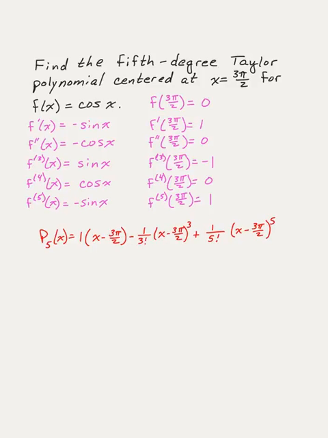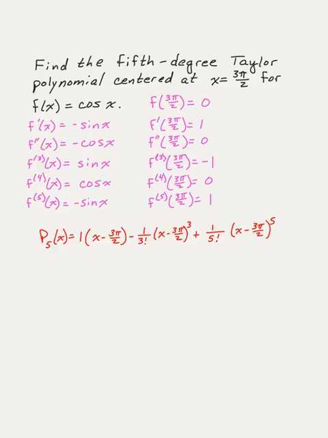All right, so since we're finding a fifth degree Taylor polynomial, we needed to find the fifth derivative, and it just kind of bounces back and forth between cosine and sine and positives and negatives. And then evaluating at 3 pi over 2, because that's where we're centered, that gives us these particular values here.